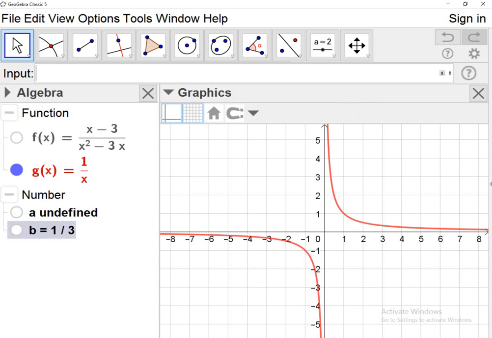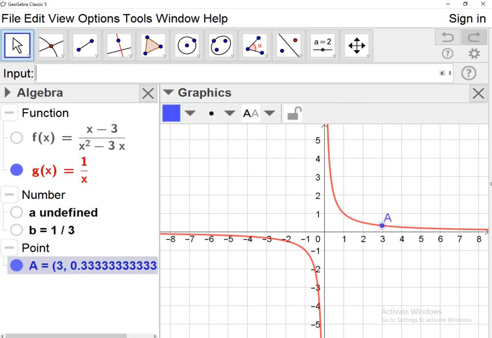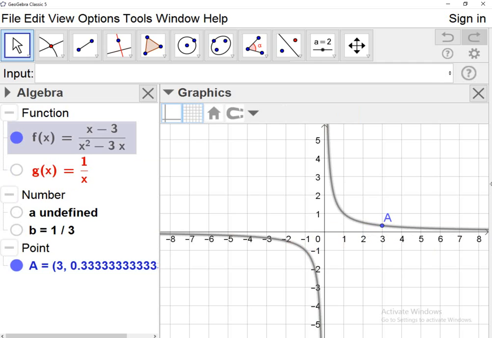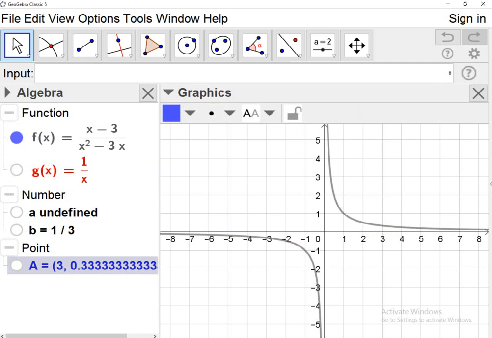So if I graph that point, 3 comma 1/3, on the red graph, on 1 over x, that point should be shaded in, like we did 2-3 days ago. Okay? But on the gray graph, that point A should be an open dot like that. Okay? And we call that point discontinuity.